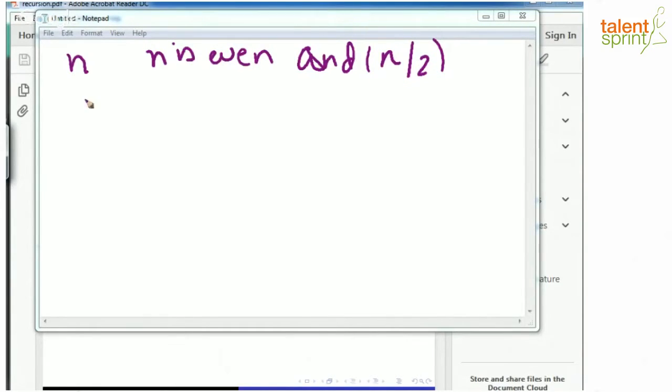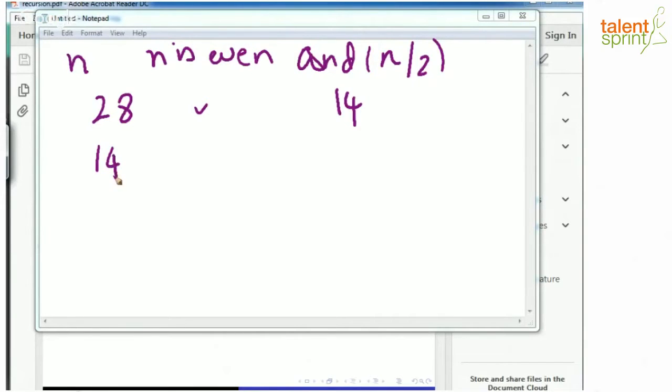Let's start with a number, say 28. Is 28 a power of 2? Our method says, is 28 even? Yes, n is even. And then if 14 is a power of 2, 28 is a power of 2. Sir, where is recursion now? Please remember, for 14 we apply the same method.